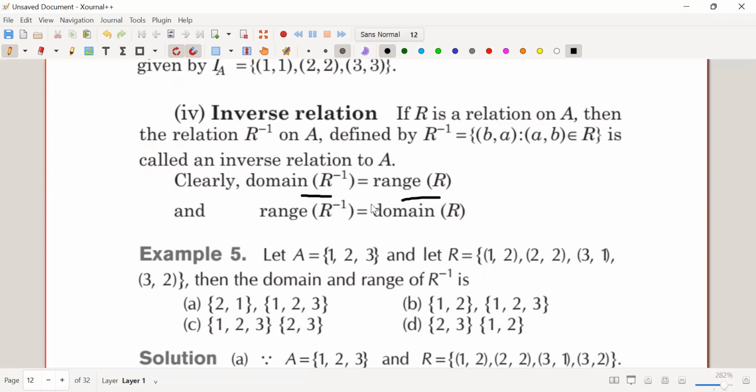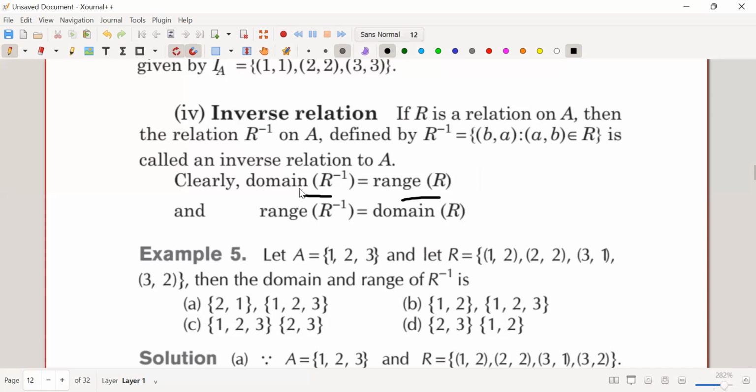If R is a relation on A, then the relation R inverse on A, defined by R inverse equal to (b, a) for (a, b) an element of R, is called the inverse relation.